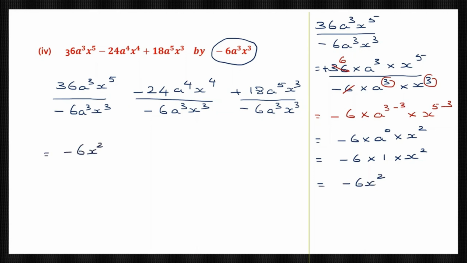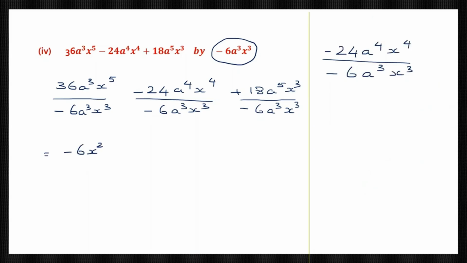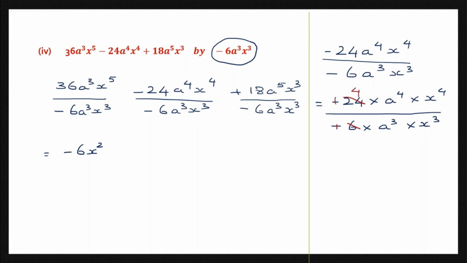Now let's take the second term. So we have the second term here. Let's start. Minus 24 into a to the power of 4 into x to the power of 4 by minus 6 into a to the power of 3 into x to the power of 3. So let's cancel. Now minus into minus becomes plus. 6 fours are 24.